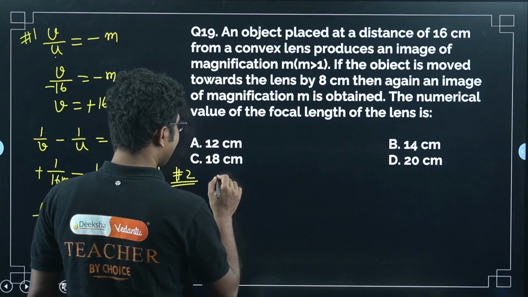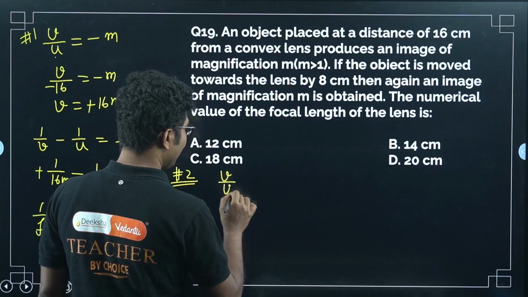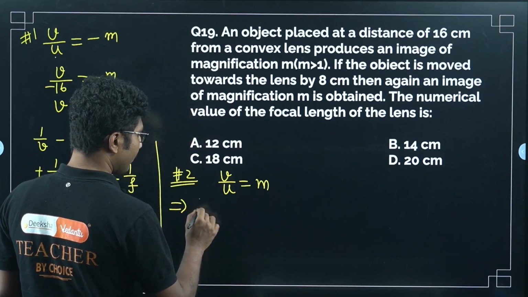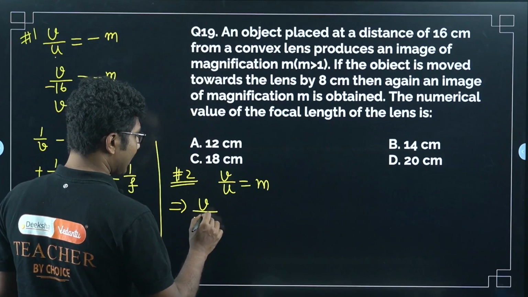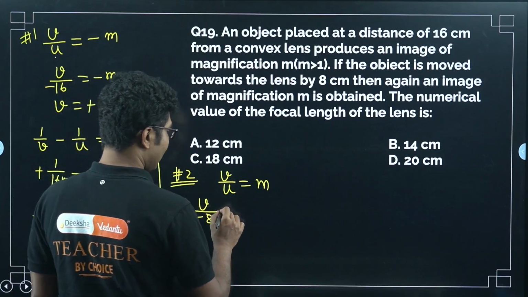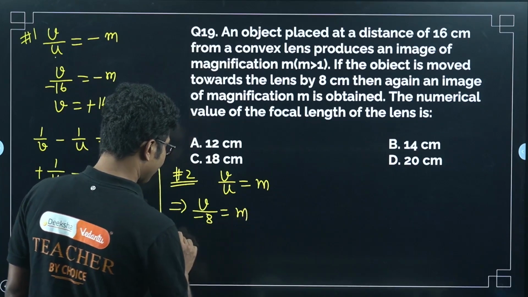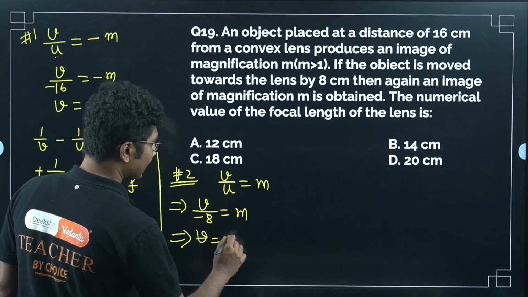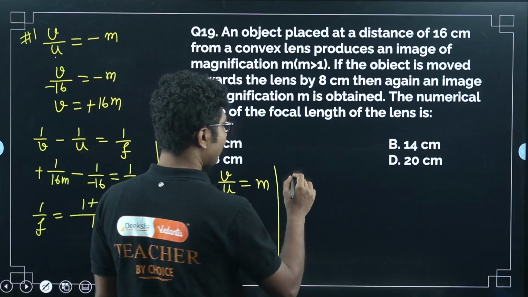So in this case, v by u equals plus m. Now v we don't know, u is minus 8, equals m. So v will be equal to minus 8m.